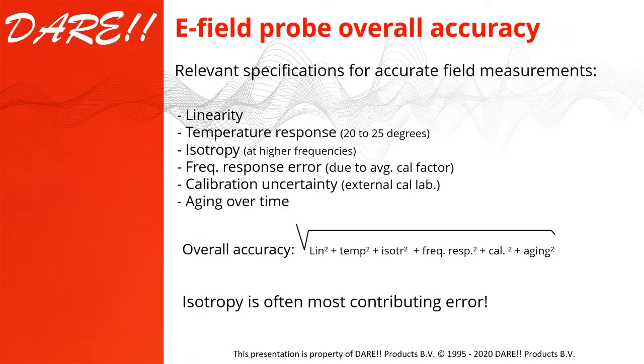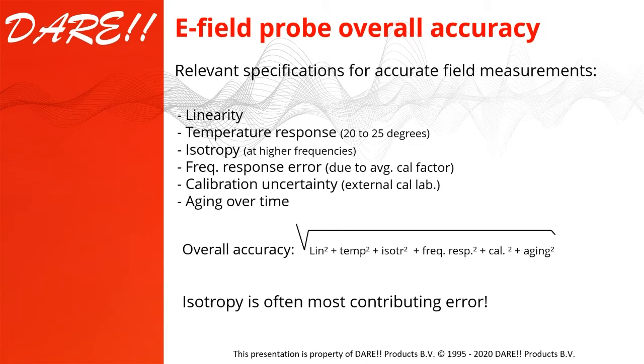If we then look, okay, what are the contributions to the overall accuracy of a field probe? These are the parameters that contribute to the overall error. You have to deal with the linearity of the probe. You have to deal with temperature response. Typically, the field probe will be used in an area of, let's say, between 20 or 25 degrees.